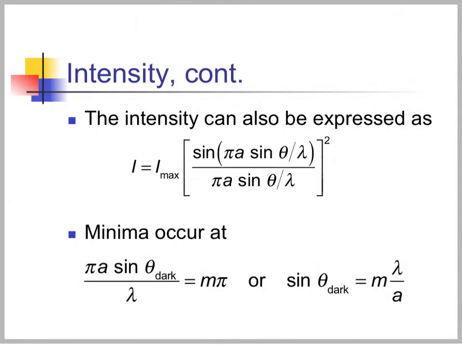Then putting in what we have for beta, I is equal to I max times the square of sine of pi a sine theta over lambda divided by pi a sine theta over lambda. The minima then are going to occur when pi a sine theta over lambda is some integer number of pi, or when sine theta is m lambda over a.